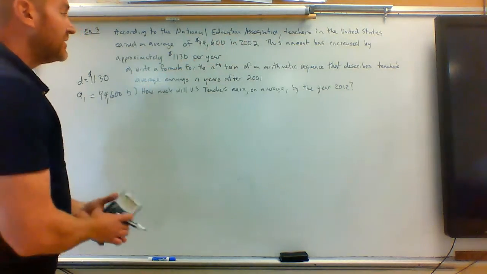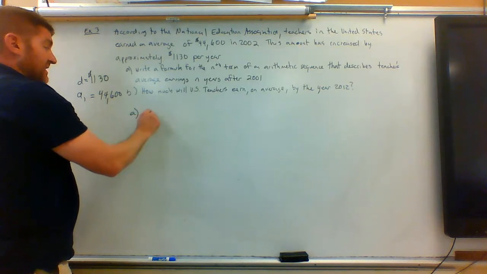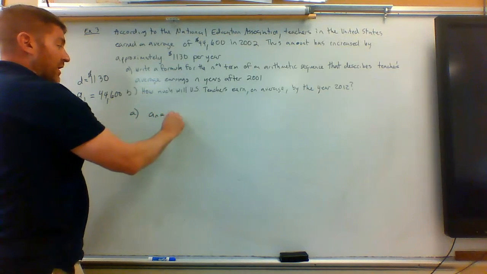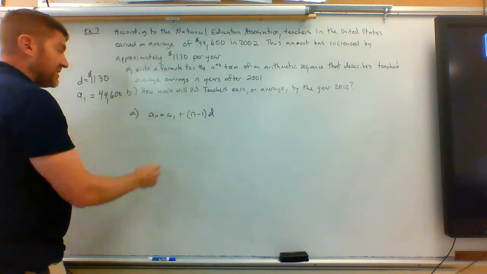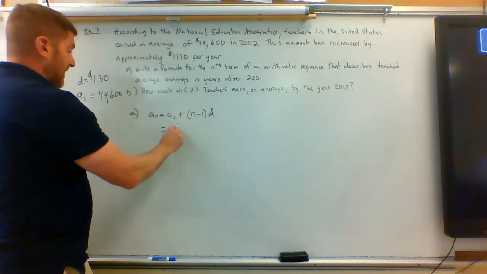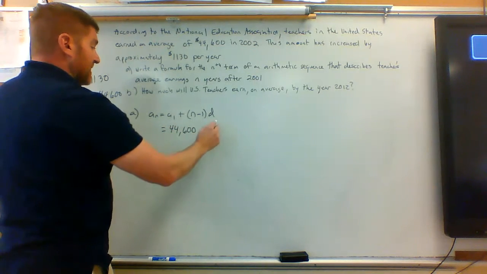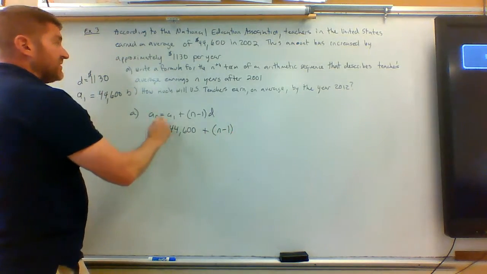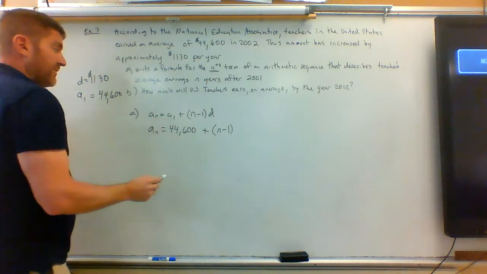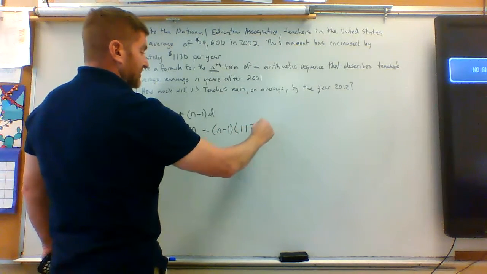And this is going to be A1, because your first year after 2001 is 2002, and it gives you this right here. So if I got to write a formula for an arithmetic sequence, it's A sub n is A1 plus the quantity of n minus 1 times the common difference. So I already know that this is my A1. All right? Plus n minus 1, I don't know n yet because I'm going to write it in terms of n, the nth term. The common difference is $1,130.